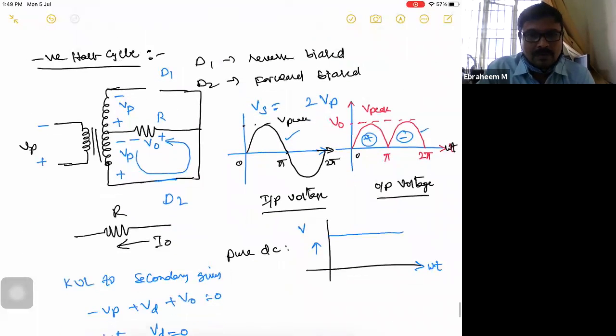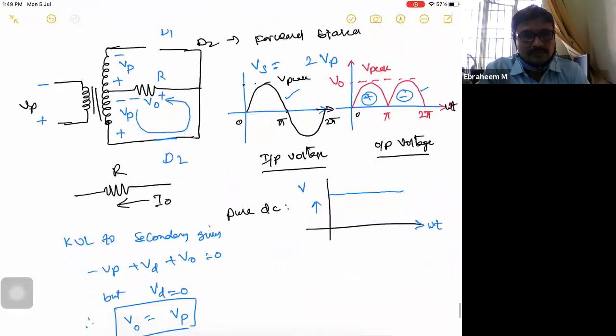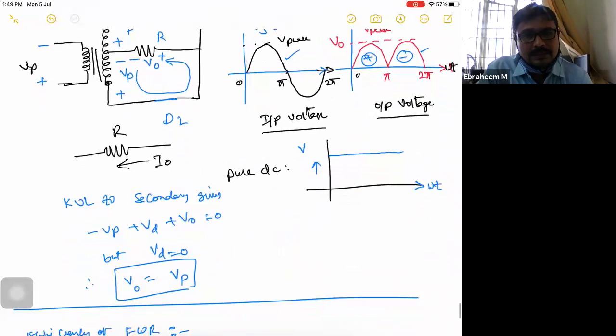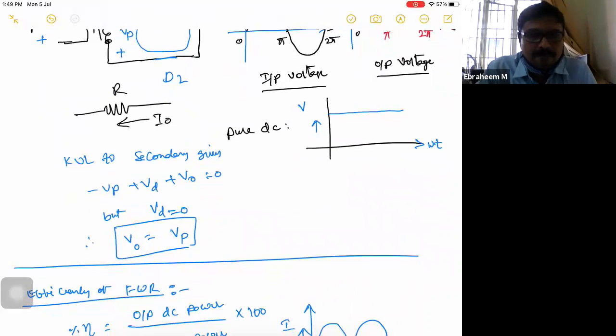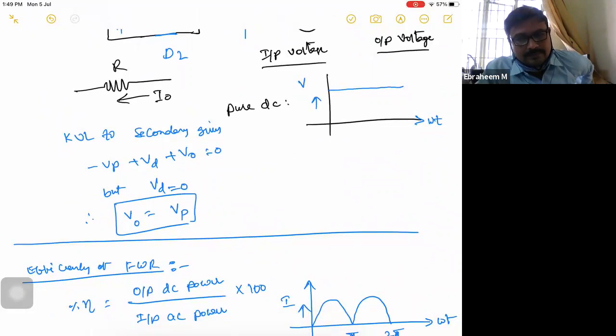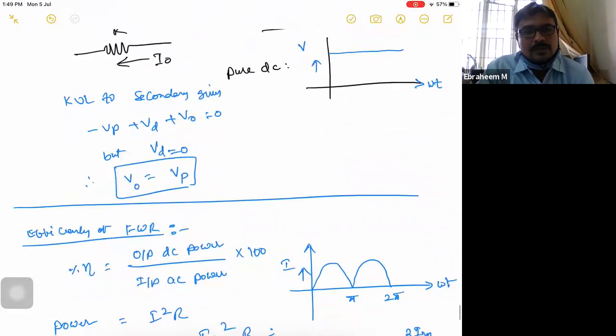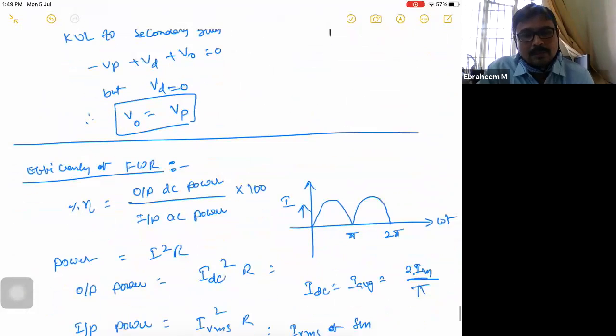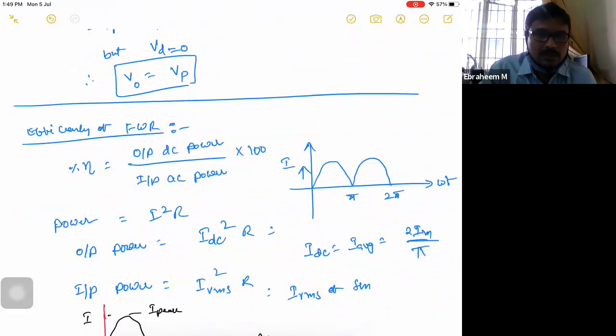We have calculated the efficiency of the full wave rectifier. The output power is given by I square R, so it becomes IDC whole square into R, because the output current is IDC only.